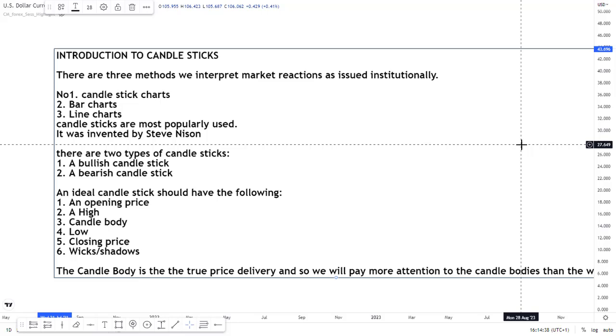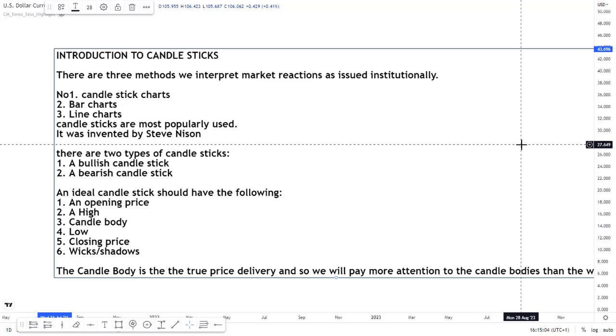Like we all know, or most of us do know, candlesticks are one of the methods of interpreting price delivery as issued institutionally. There are three patterns of price representation on the trading platforms that are available, either the MT4, MT5, TradingView, CTrader, WebTrader, or any other trading platform that you may have access to.